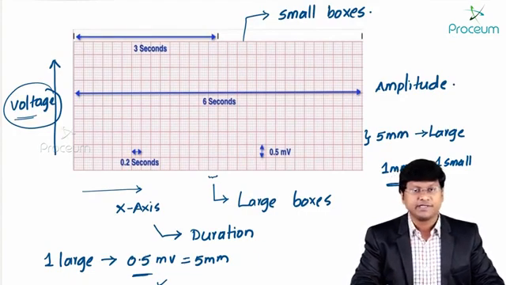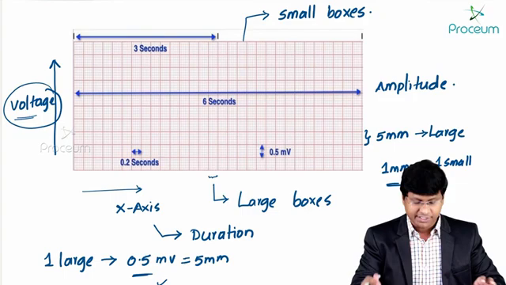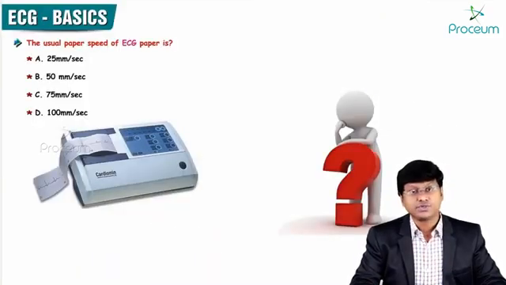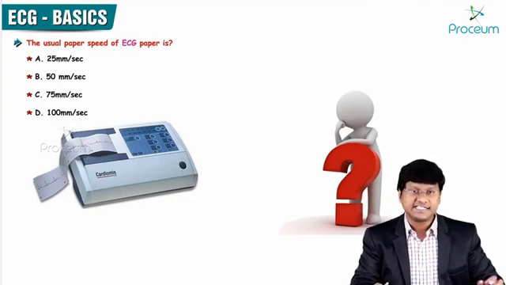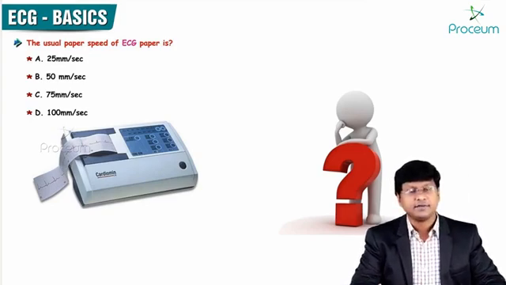The other point you need to know is the speed of the ECG paper in the ECG machine. If you see this question, the usual paper speed of ECG in the ECG machine: 25 millimeters per second, 50 millimeters per second, 75 millimeters per second, 100 millimeters per second.